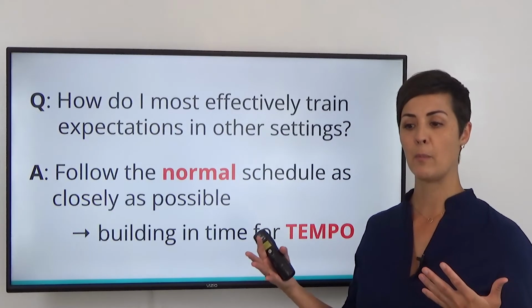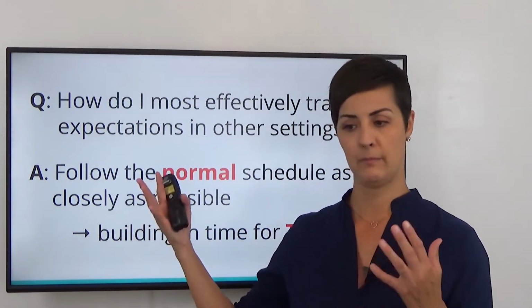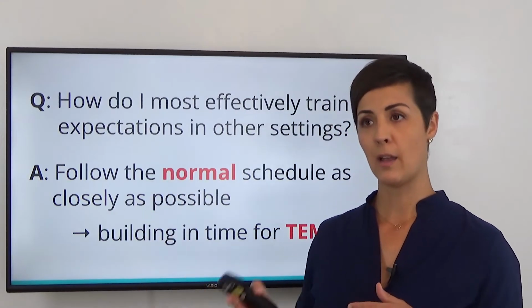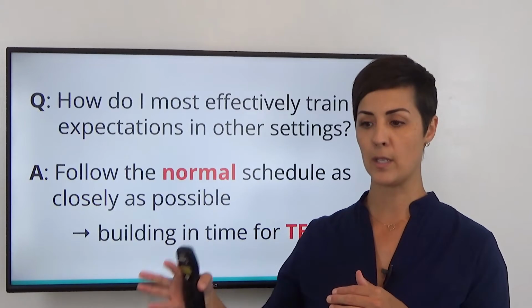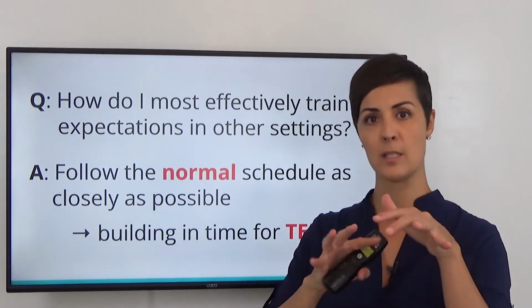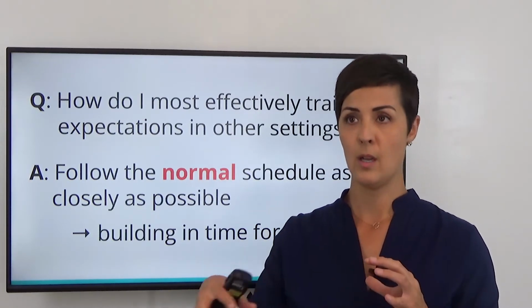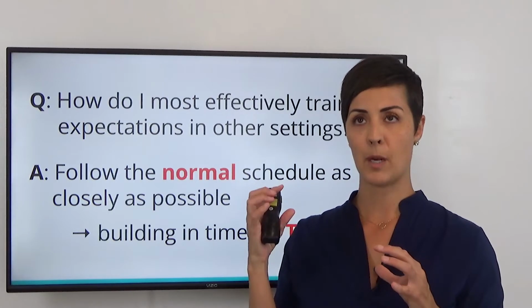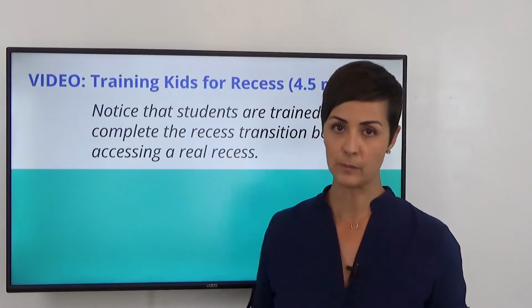So for instance, if I'm going to take my kids to lunch at noon, then maybe at 11:30, I start training them. This is how we wash hands for lunch. This is how we go into the lunchroom. This is where we take our trays. This is where we sit. This is how we dump our trays. Here's where we go after we eat. And I'm going to take them through what that looks like, but I'm going to do it as close to the actual task or transition as possible.